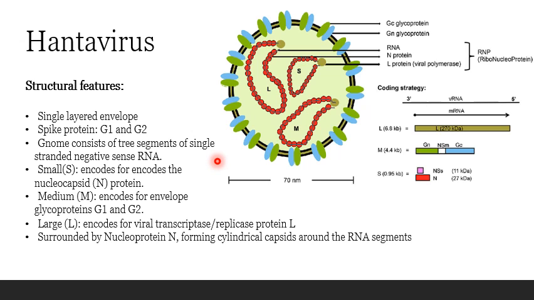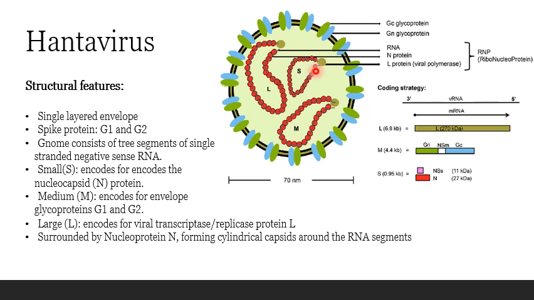The small RNA segment encodes for the nucleocapsid N protein. What the nucleocapsid N protein does is attach itself to the RNA and form a cylindrical shape around all the RNA segments, and that's what protects it. So often in class we have seen a structure that lies within the envelope.